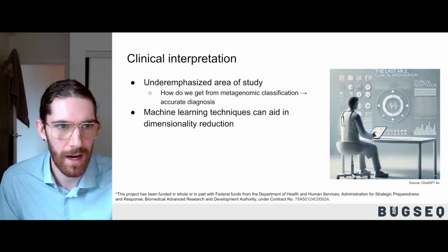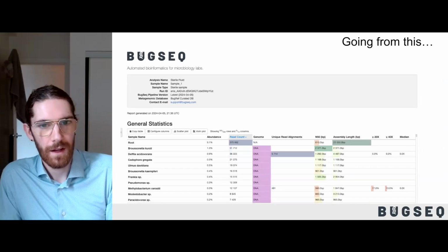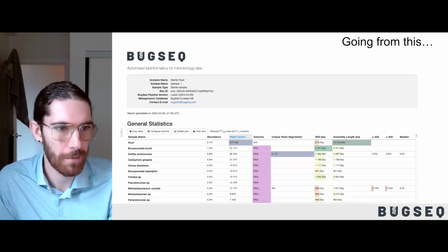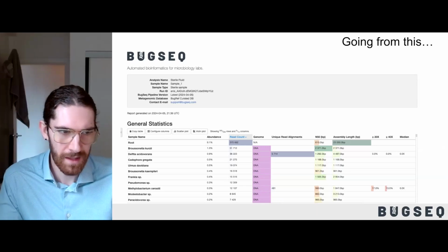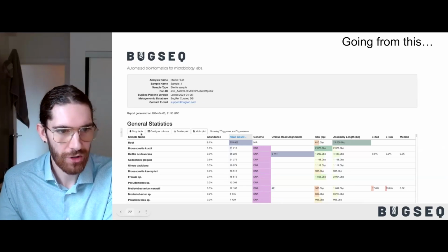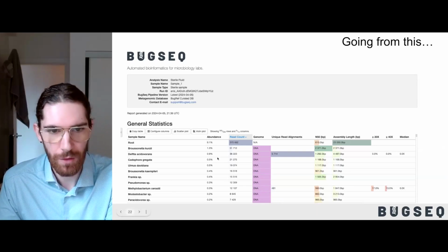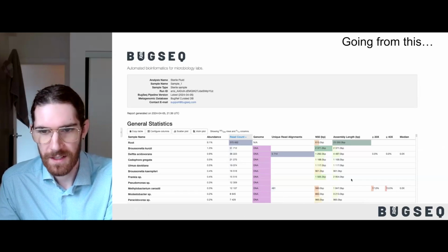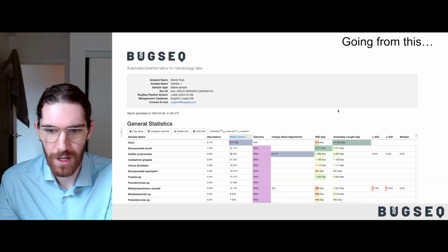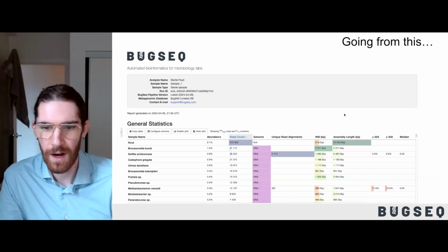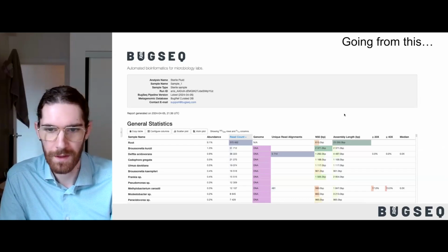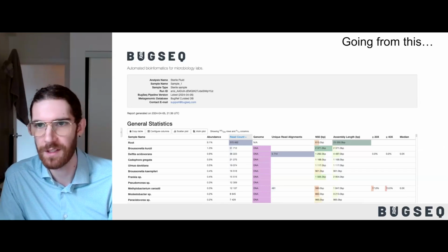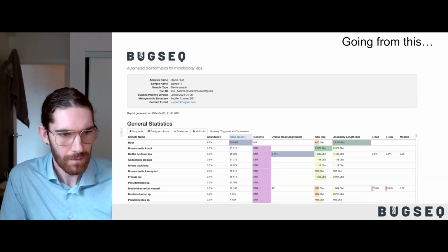So how does that look in practice? In this example, you can see an example BugSeq report from a sterile fluid sample. In this case, we have a structured listing of each taxa in the sample, their associated read counts, and different assembly and coverage statistics to provide users with contextualization as to the quality and the abundance of each individual taxa within a sample.